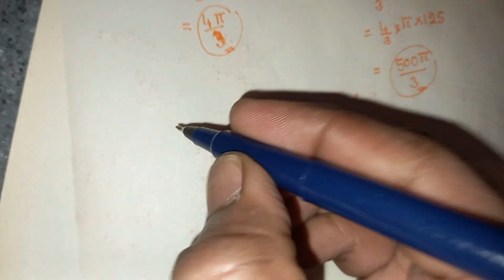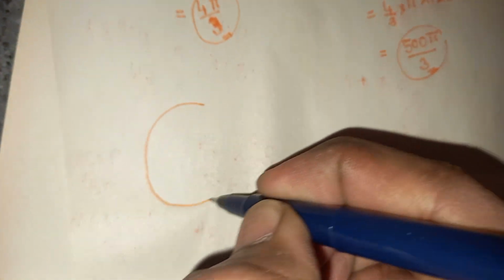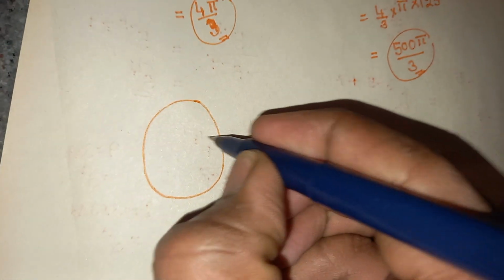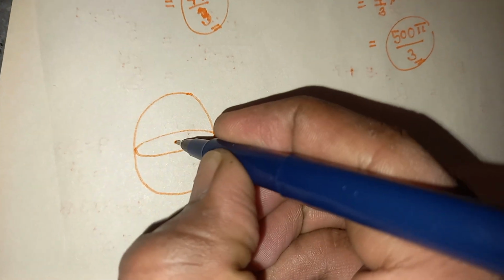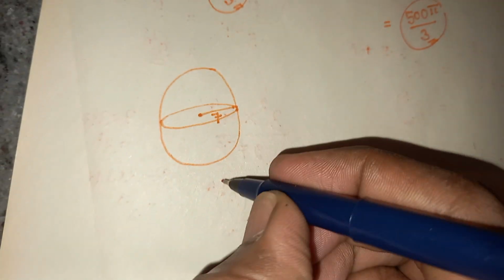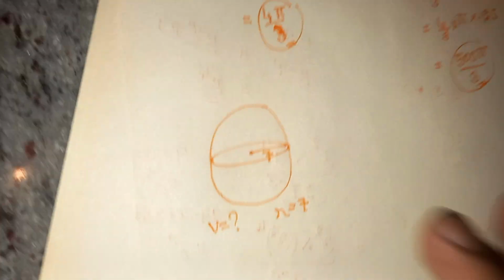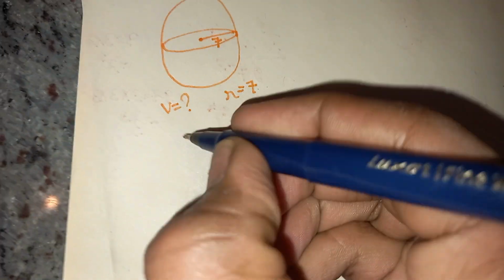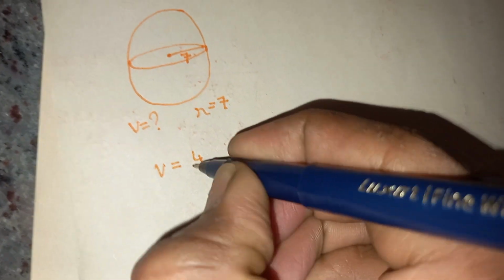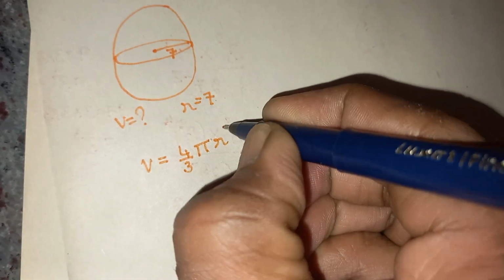Let's find another sphere's volume. In this sphere they have given the radius as 7 units, and you need to find the volume. Here also you can do it in the same way. The volume of the sphere is 4 by 3 pi r cube.